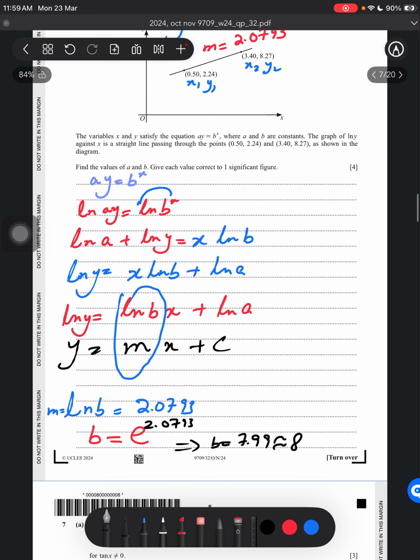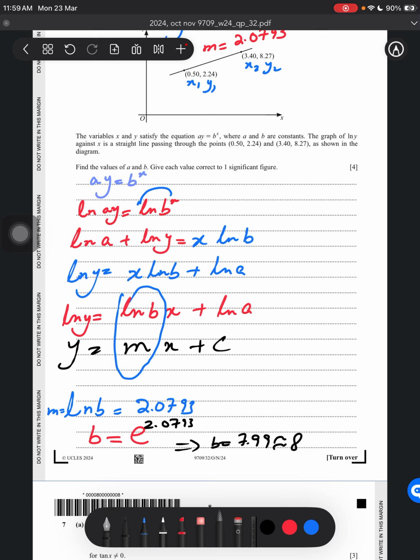So we have b, but we don't have a yet. But since we already have the values, we can just directly take the numbers, like substitution. We can take any number that can be substituted.